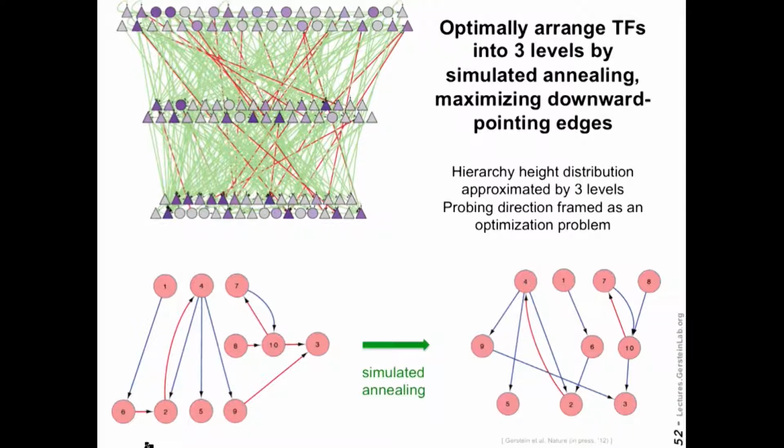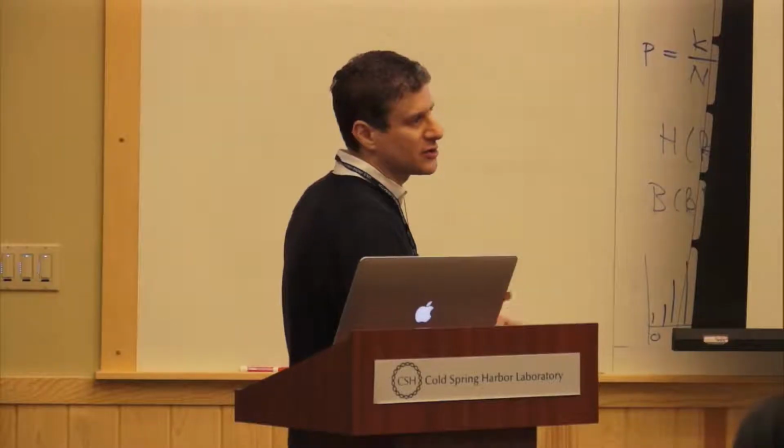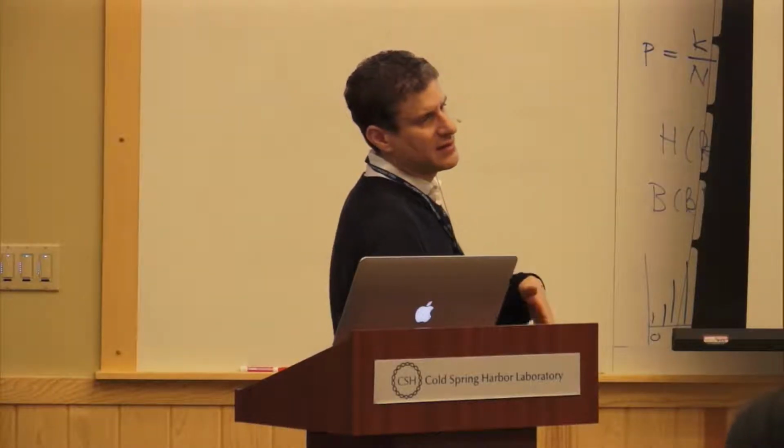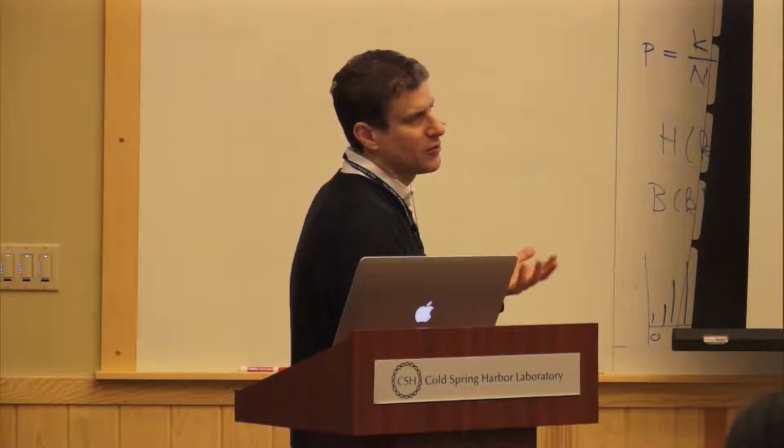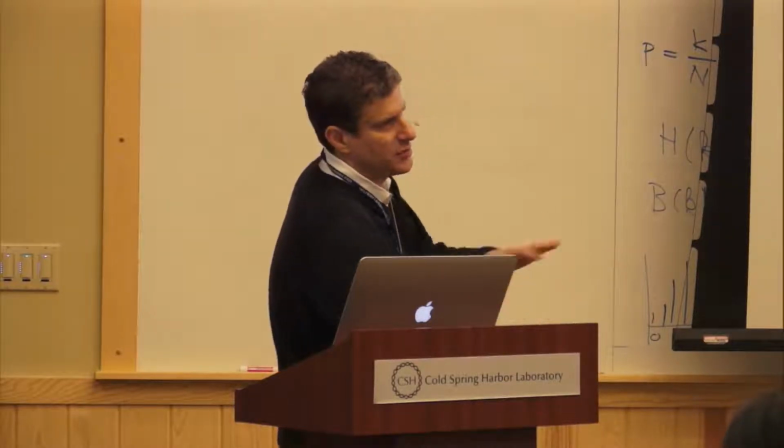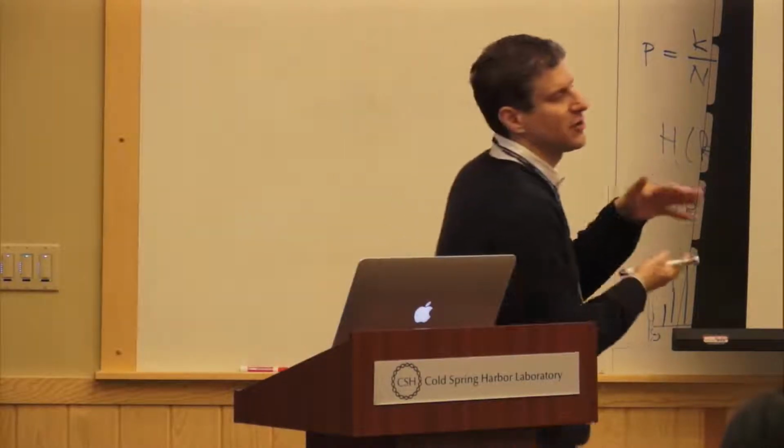At each step, you're trying to move them so that you maximize the amount of downward pointing stuff relative to upward pointing stuff. If you had a completely random network, there would be no direction to the network. You could never find an ordering where you had mostly downward pointing stuff.